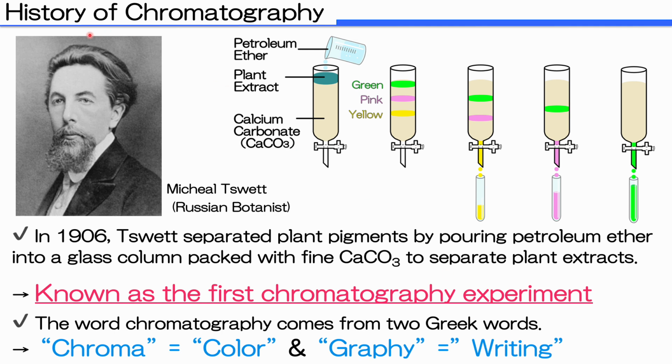First of all, let me explain the history of chromatography. In 1906, Russian botanist Michael Tswett, the person in the picture, separated plant pigments by pouring petroleum ether into a glass column with fine calcium carbonate to separate the plant extracts.